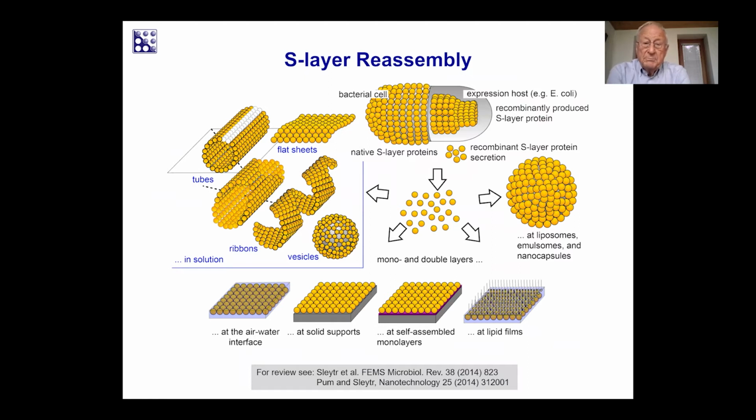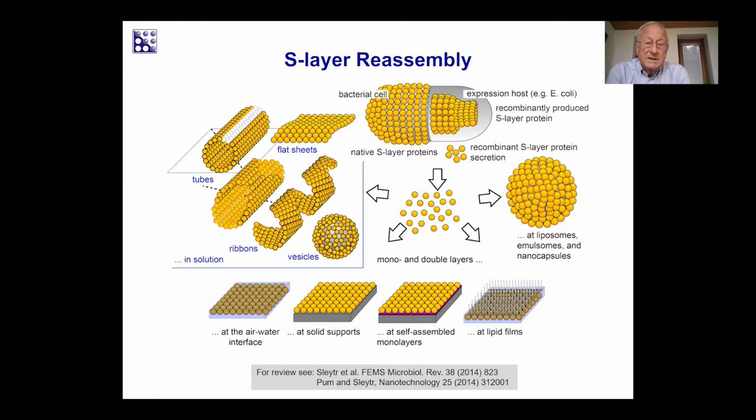An important point is the self-assembly, the reassembly of S layer proteins. This is important for the native cells, but also for the growing and dividing cell, but also for the different applications.